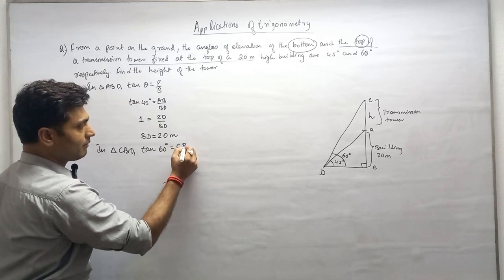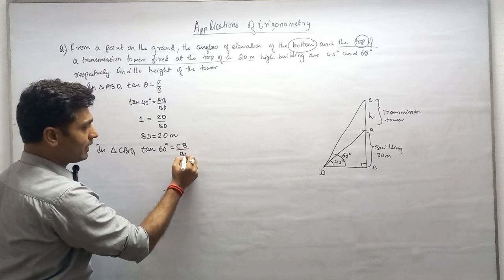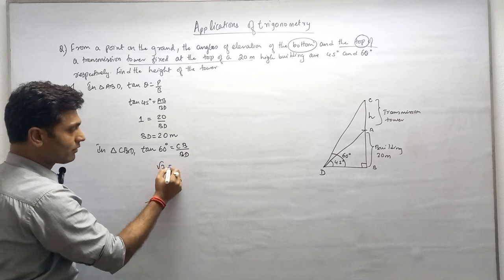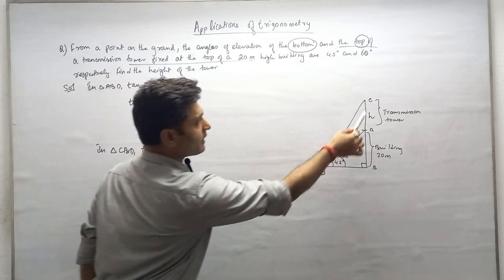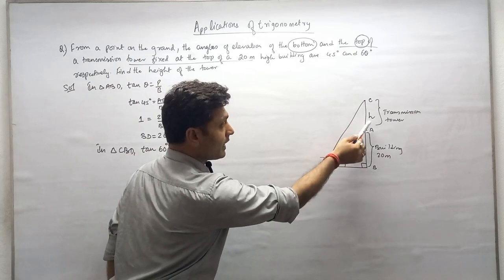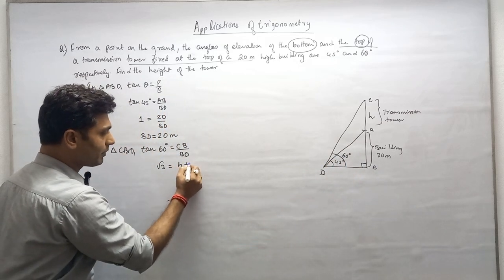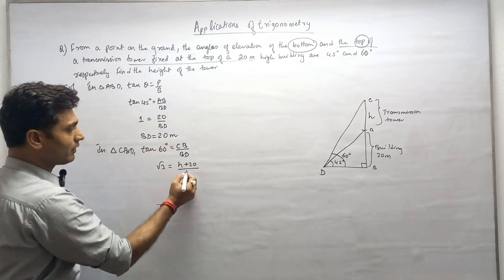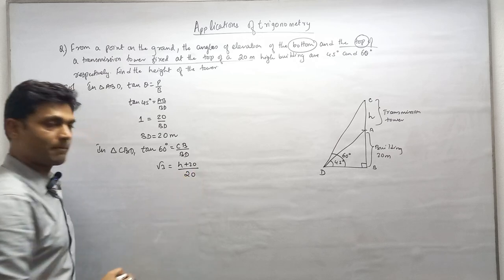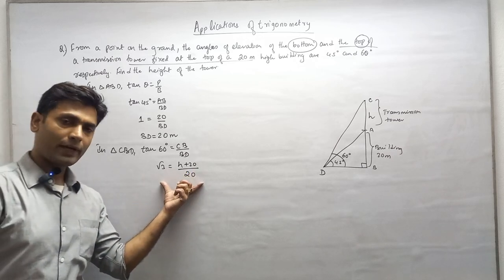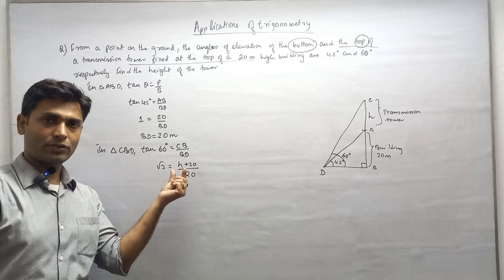This is CB divided by BD, and this is root over 3. Now what is this CB? It is H plus 20. And BD we already got as 20. Now what we have to find is the value of H.